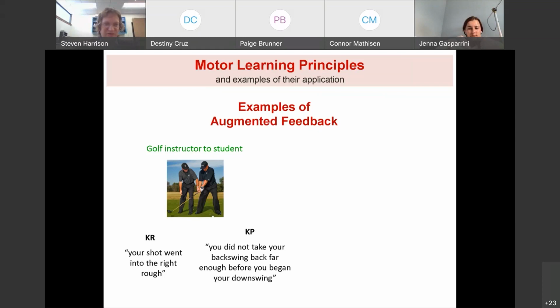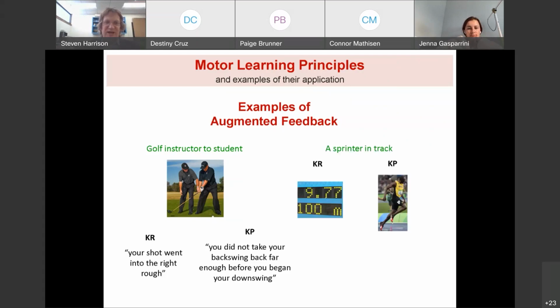When we're looking at knowledge of performance, the feedback might be: you didn't take your backswing far enough before you began your downswing. So here you can see the learner is going to end up focusing on exactly what the pattern of motion they're producing is going to be. And these distinctions fit pretty much exactly to what we were talking about last class with the distinction between intrinsic and extrinsic feedback.